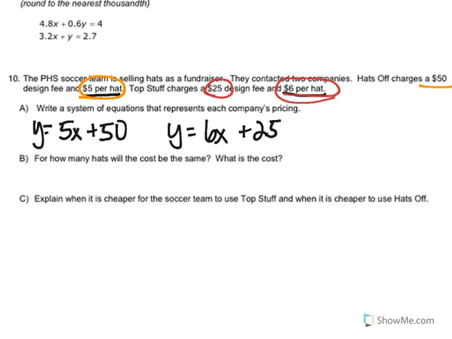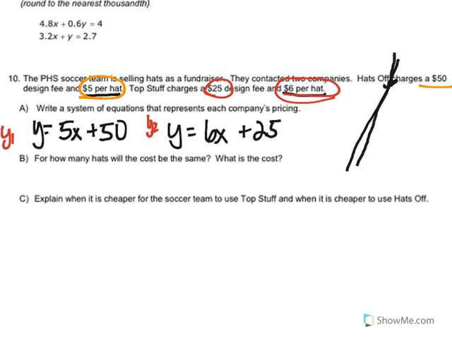Now, how many hats will it cost the same? So put one of these into y1, put the other one into y2, hit your graph button, second trace 5, enter, enter, enter. Remember, if you don't see them connect, this particular graph is going to look kind of funky because they're going to be very steep and very close, and you're just going to have to wait until you see them intersect.